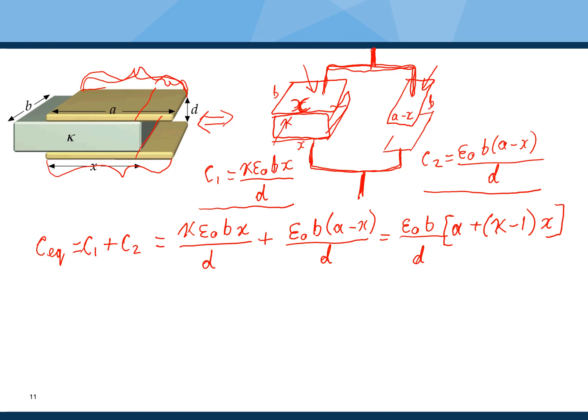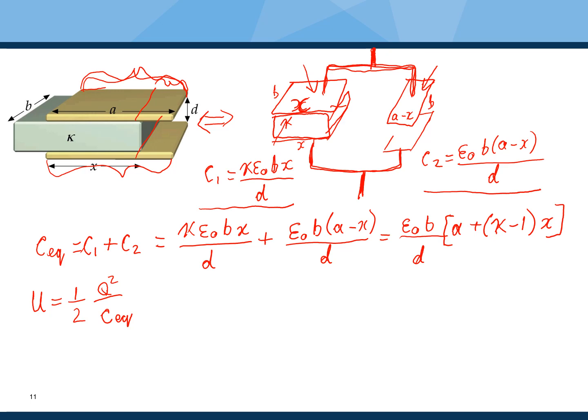Now, we're not going to do it in a super sophisticated fashion, but I can tell you that you can obtain the potential energy associated with this configuration as being equal to half of Q squared divided by C, where C in fact is C_EQ, the equivalent capacitance.